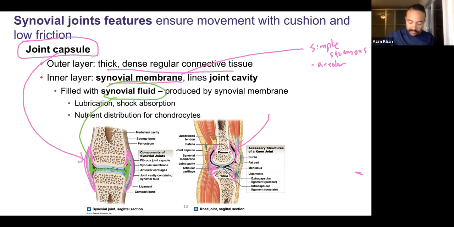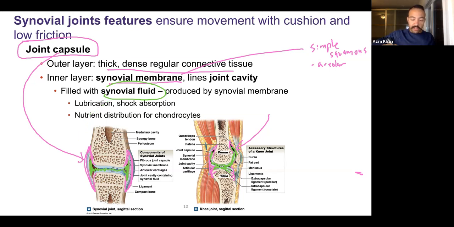So where I'm coloring in green is where synovial fluid can be found. This fluid is slippery, it allows for lubrication, and it allows for shock absorption. If you're familiar with hydraulics, water is a great shock absorber. Similarly, this synovial fluid can not only lubricate, but also act as a good shock absorber.